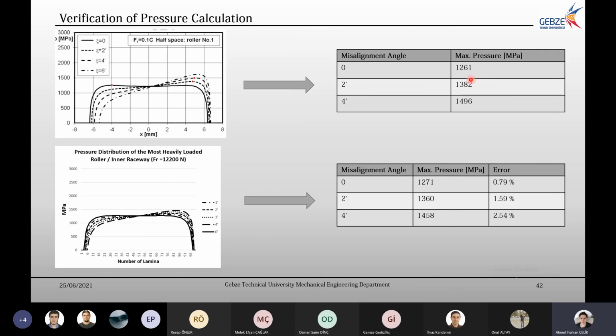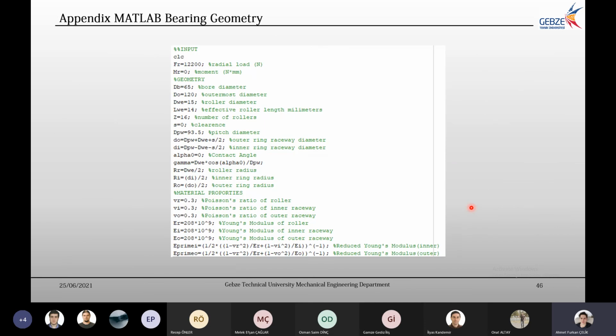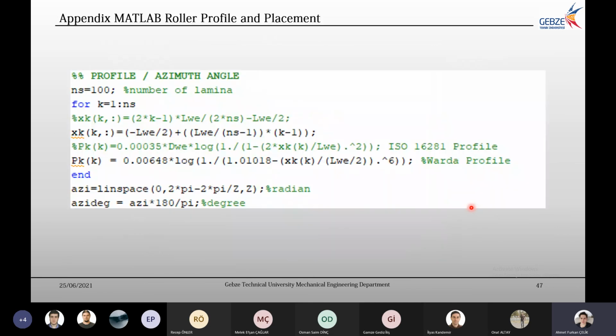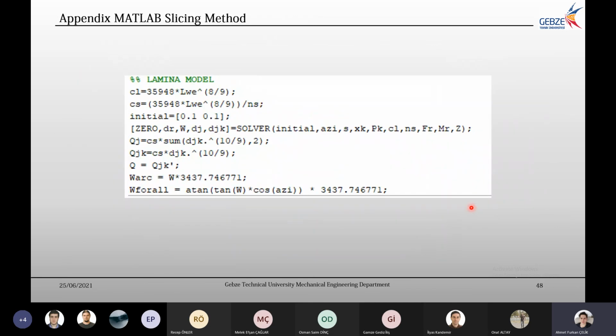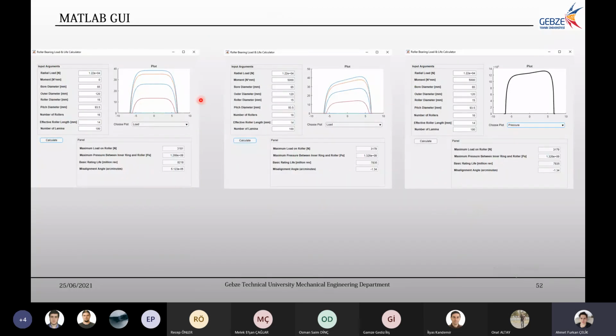And also, here are the errors for this graph. It's very small. So I think my code was in good agreement with the literature, and I developed a GUI for calculating these.